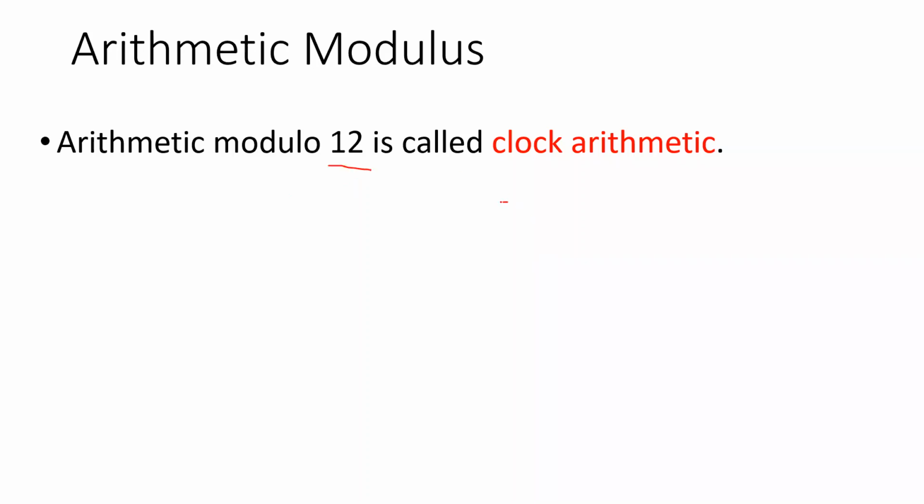The set of values I had shown with a curly bracket, right? 0 to 11, ma'am. 0 to 11. So you will be finding the arithmetic modulus with 12 so that you will be getting a value within the range from 0 to 11. So again, you can perform either multiplication, subtraction, or addition. Division is not possible. Okay. So here also you can show with an example.